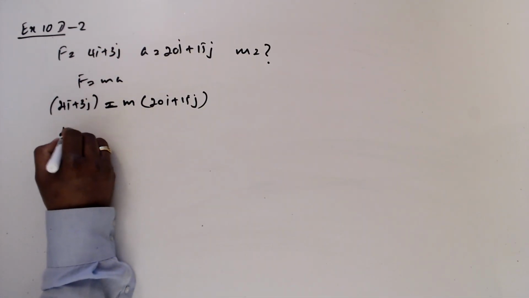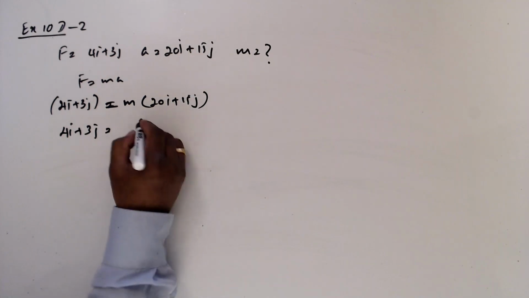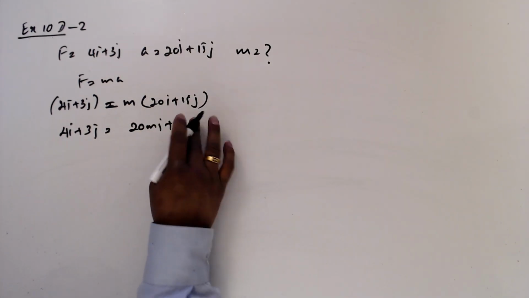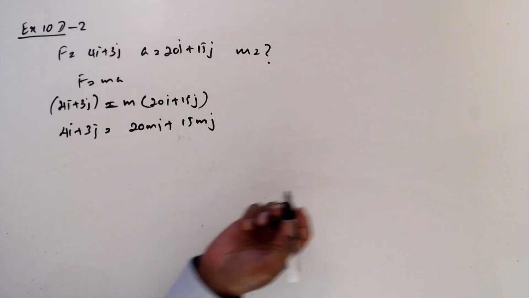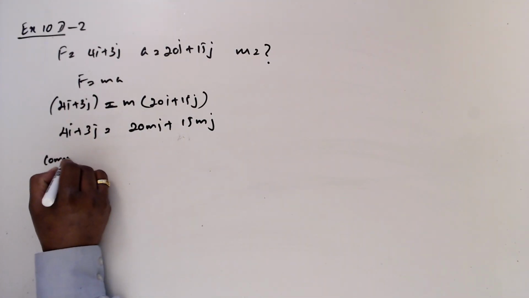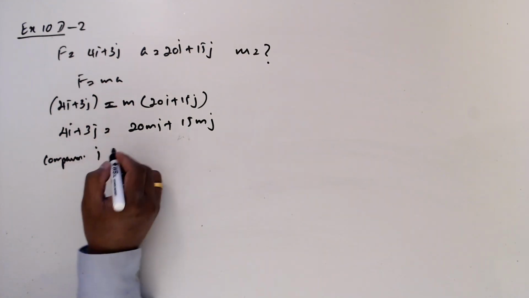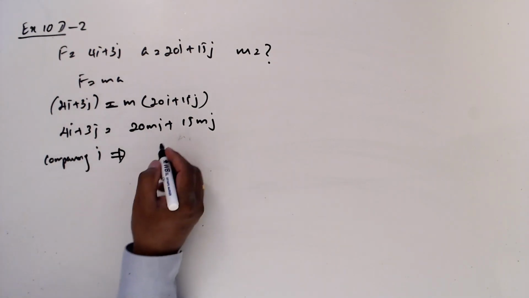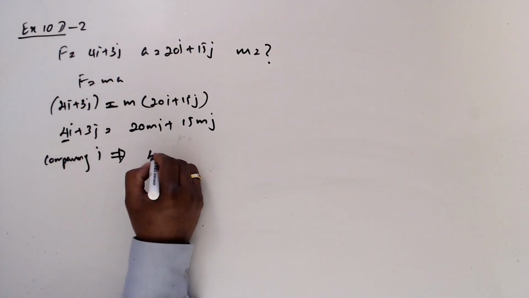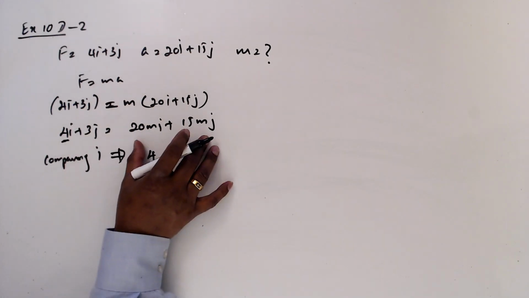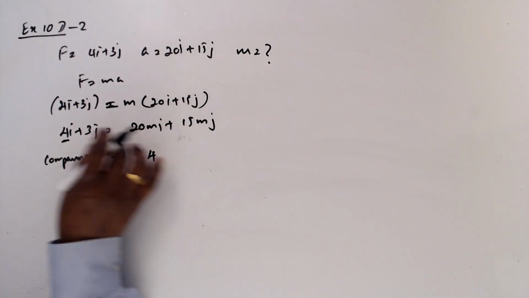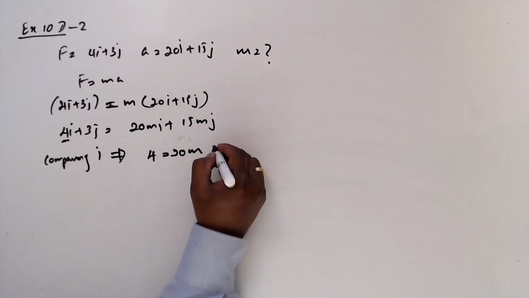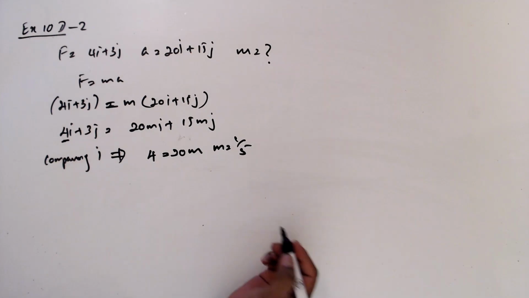So this is 4i plus 3j equals, expanding this, 20mi plus 15mj. So comparing the i vector components, this side has to be equal to this one, and then the j separately. So 4 has to be equal to 20m. So m equals 1 over 5.